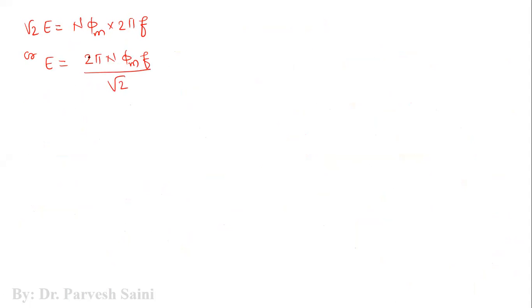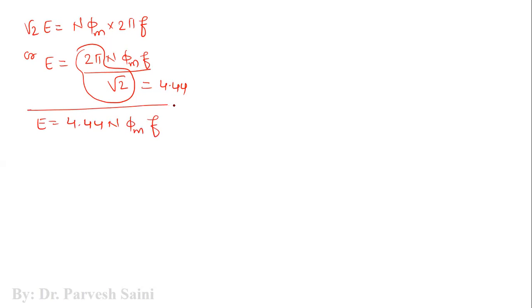So this particular part is a constant, equal to 4.44. So E is equal to 4.44 n phi m f. So this is, let us say, equation number 9.